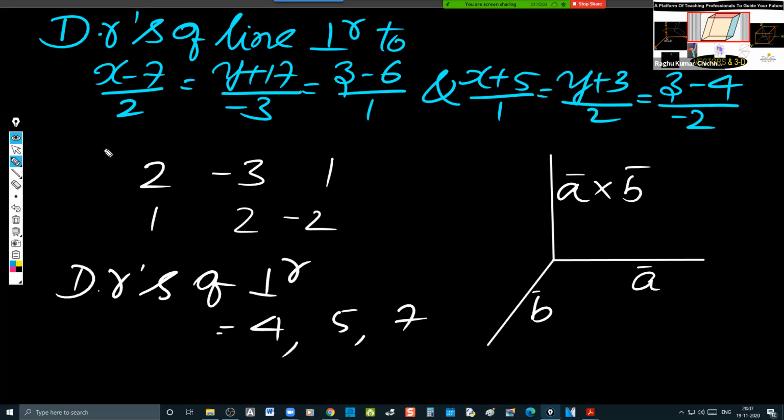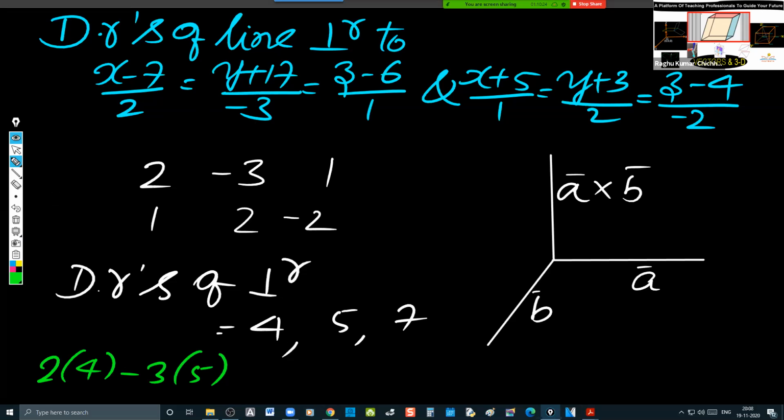Let us check it out, Kaushik. How to check: if this line is perpendicular to this line, the dot product must be 0. Check it out: 2 into 4 minus 3 into 5 plus 1 into 7. How much is it?